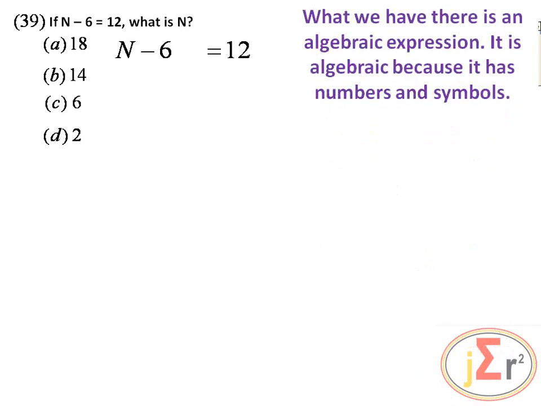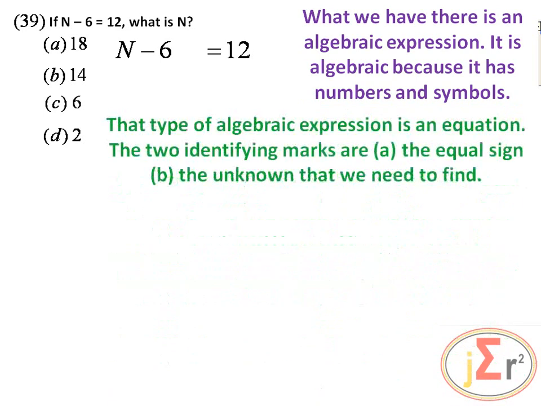What we have there is an algebraic expression. It is an algebraic expression because it has numbers and symbols. The type of algebraic expression is an equation. The two identifying marks are, A, the equal sign. So if we have an equation, there has to be an equal sign, right?